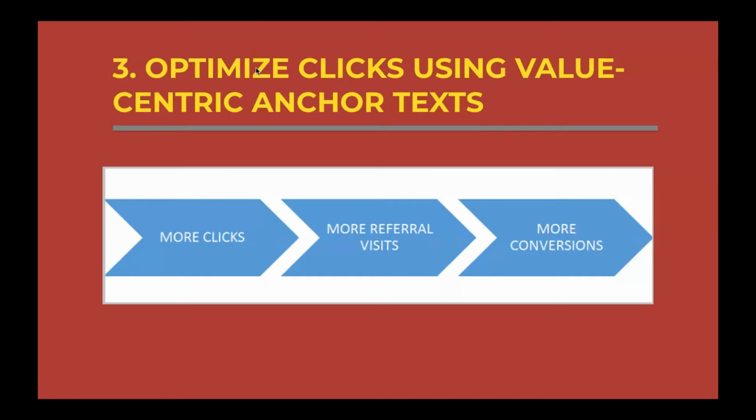So that backlink is aimed to be clicked because it was placed under the bonus section, wherein people will naturally see the section. So that's it when it comes to optimizing clicks using value-centric anchor text.